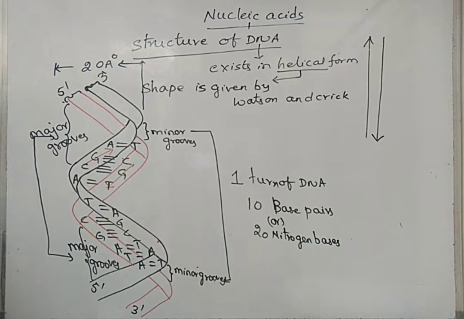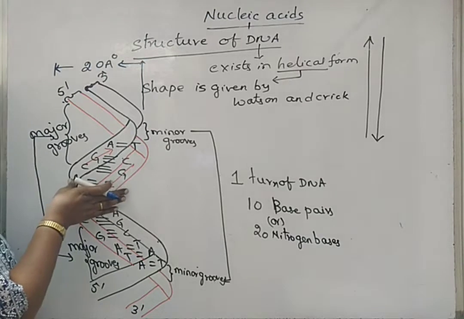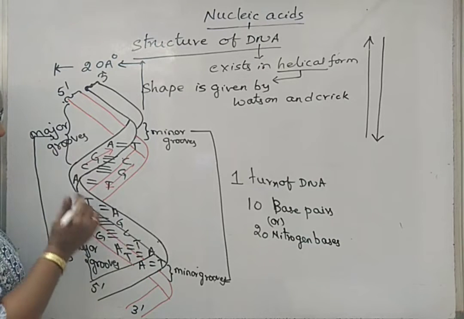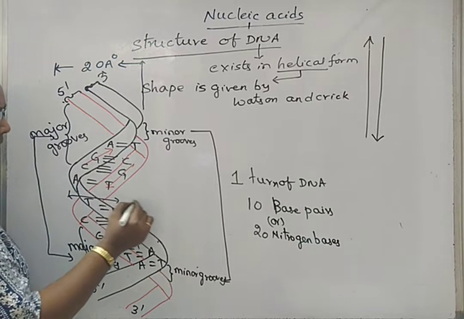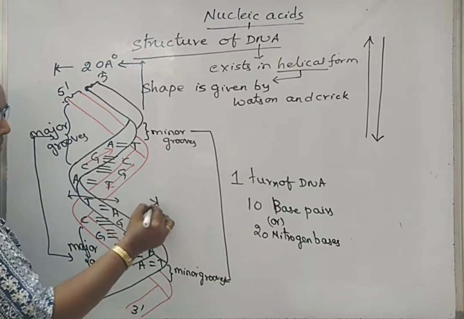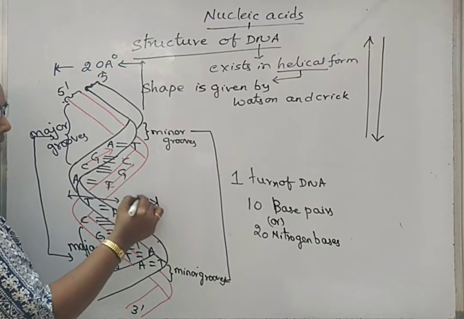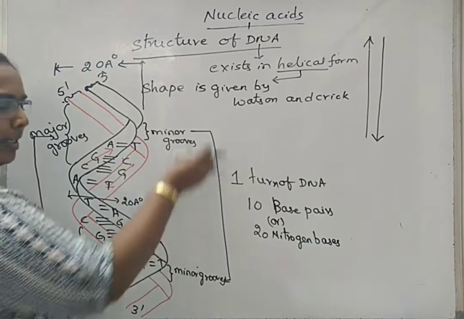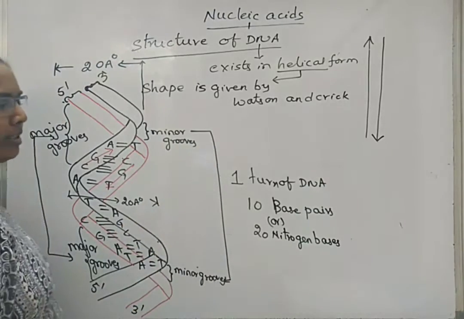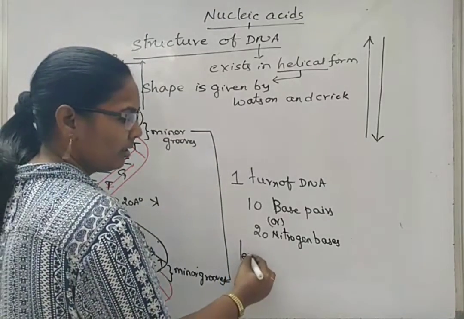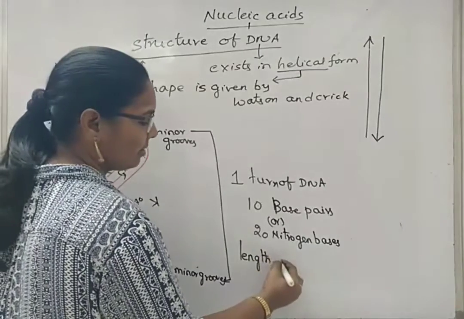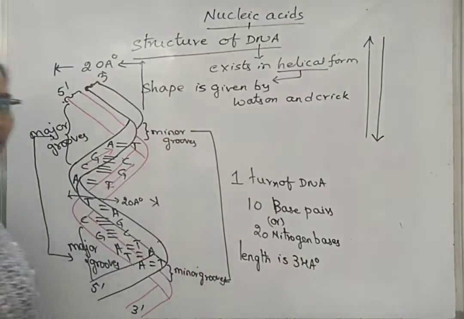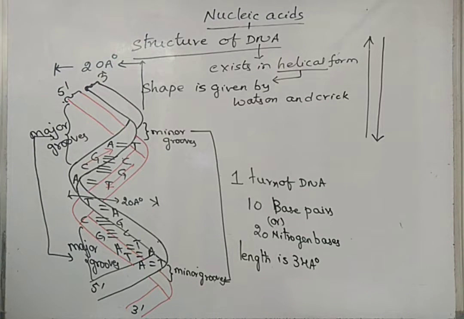The diameter or the width of these folded complete structures, from here to here also, can be 20 angstroms. What is the length of one turn? The length is 34 angstroms of one turn of DNA.